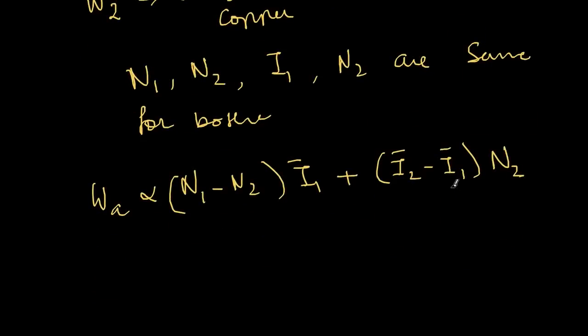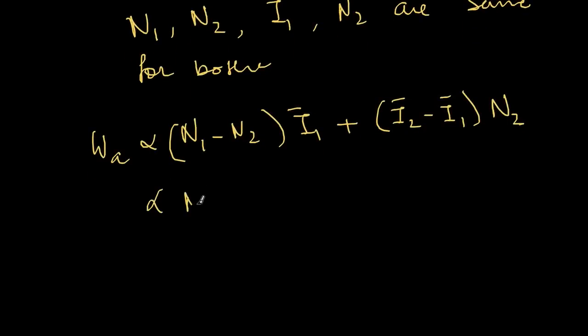So I know that this quantity is positive, and therefore I can just write N1 I1 minus N2 I1 plus N2 I2. I can also get rid of the vector notation because these two are almost in phase, so I can ignore the angle and take only the magnitude.